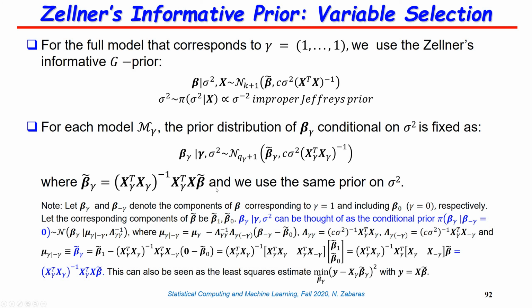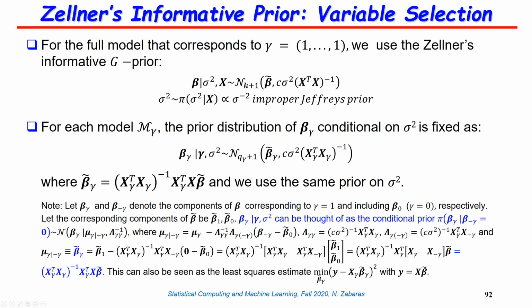So one way to think of computing this prior mean for the restrictive model is to think of this as a conditional Gaussian model. Let me do it as follows. The joint distribution of beta gamma and beta minus gamma is my full prior model that you see on the top.